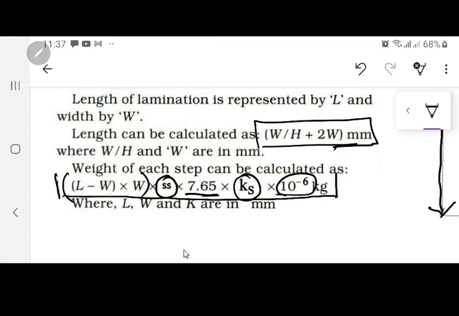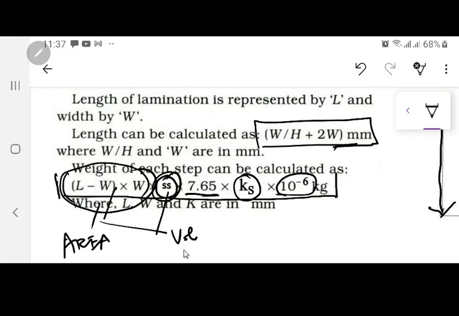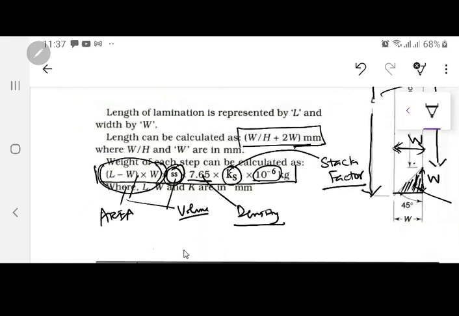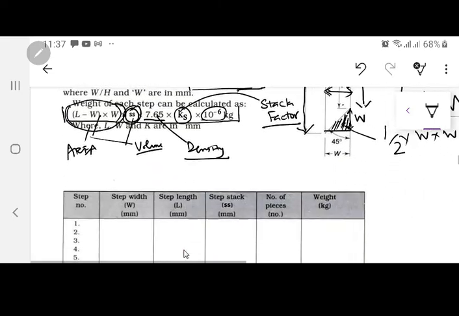This factor is area, multiplying it gives you volume, then you multiply by the density, and then by the stacking factor. You will get the weight of that step. Now how is this going to be done?